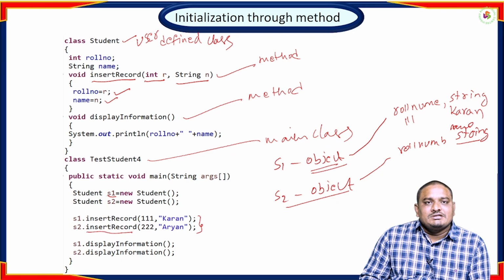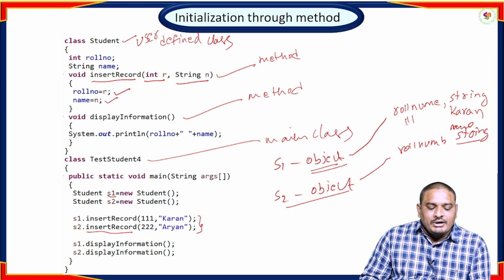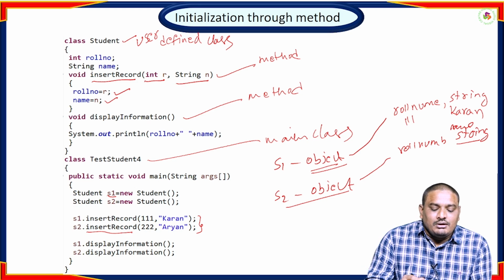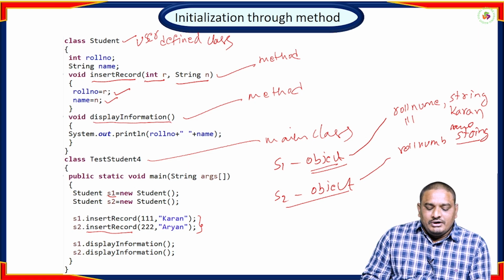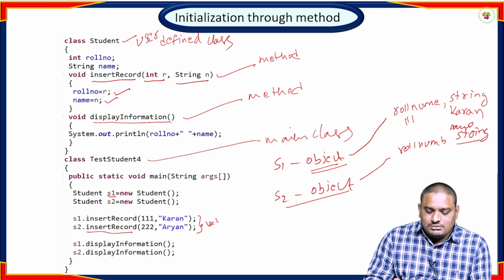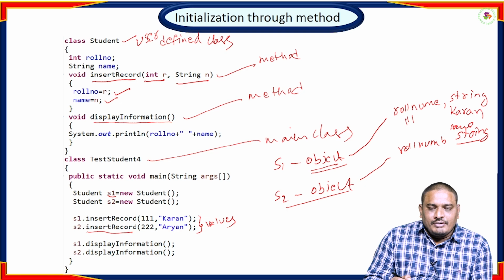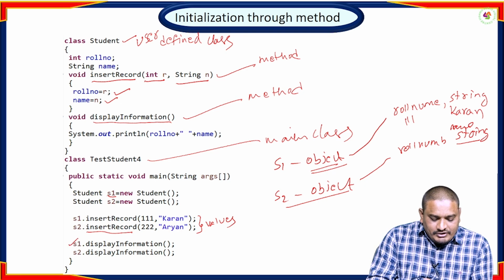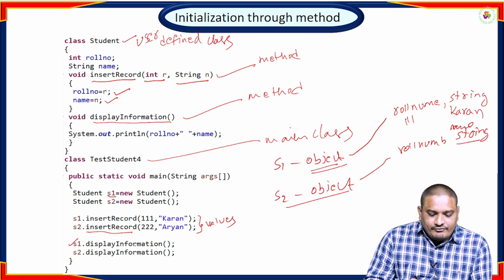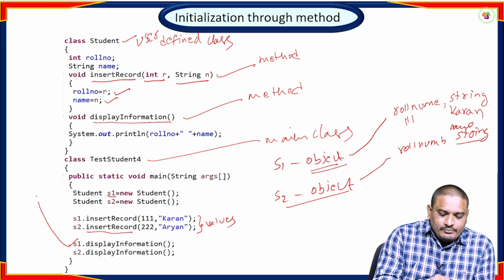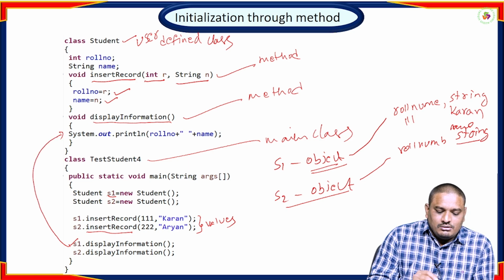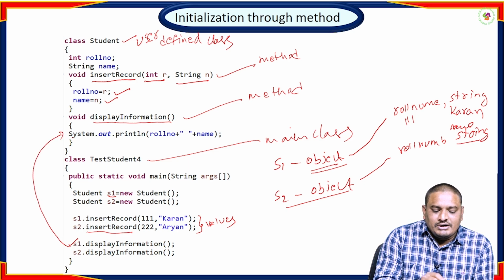Now we can display the information by using the display information method. To display these two values, we use the display information method. How to display these particular values? s1 is the first object. Calling display information goes to this section. In this section, what values are displayed?